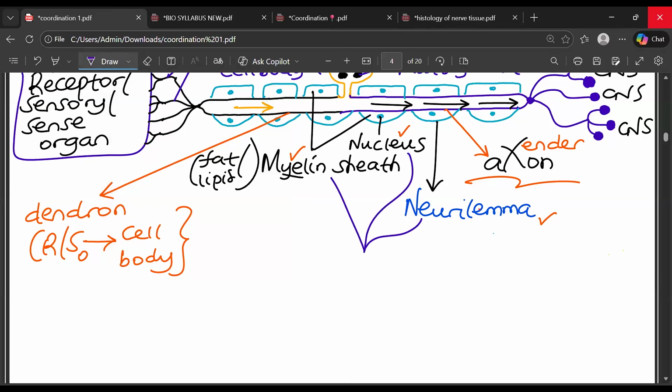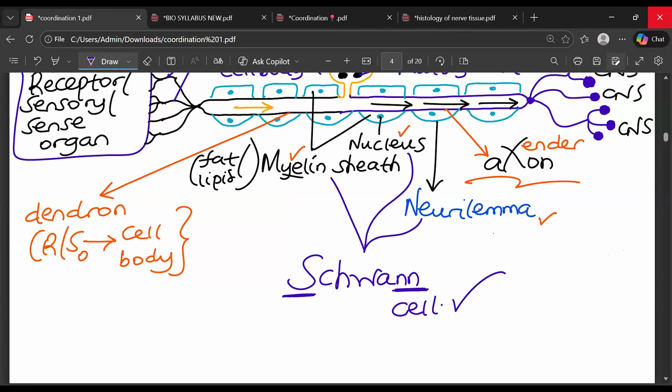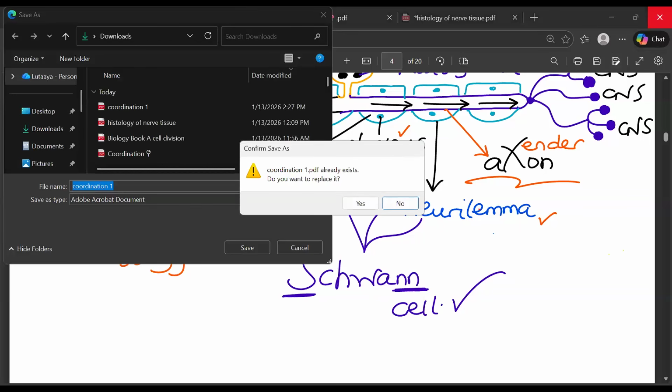That complete cell is what they call the Schwann cell. Double N, capital S, because Schwann was a person. Most of the students during our era couldn't understand the Schwann cell and the myelin sheath. But that is it.